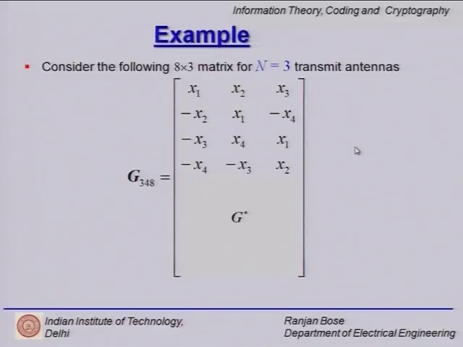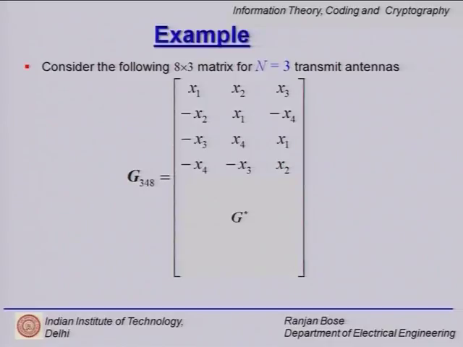If we substitute this G by its elements, I have this design that we studied earlier. Again, this is a 3 antenna system and we have 4 time slots, so it is a generalized real orthogonal design.